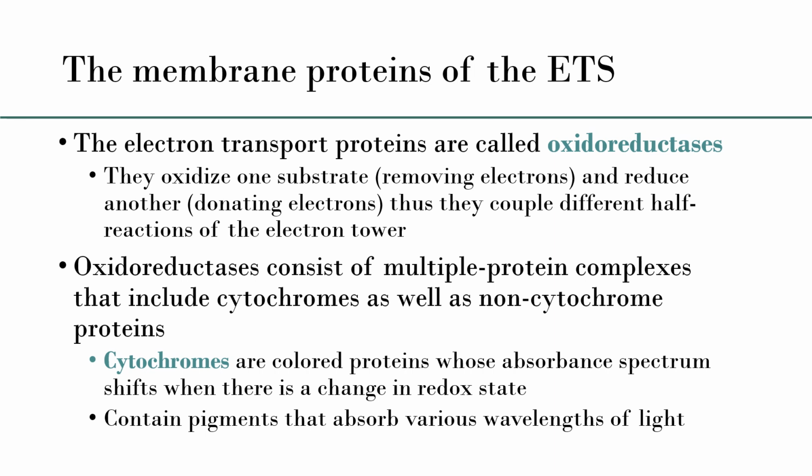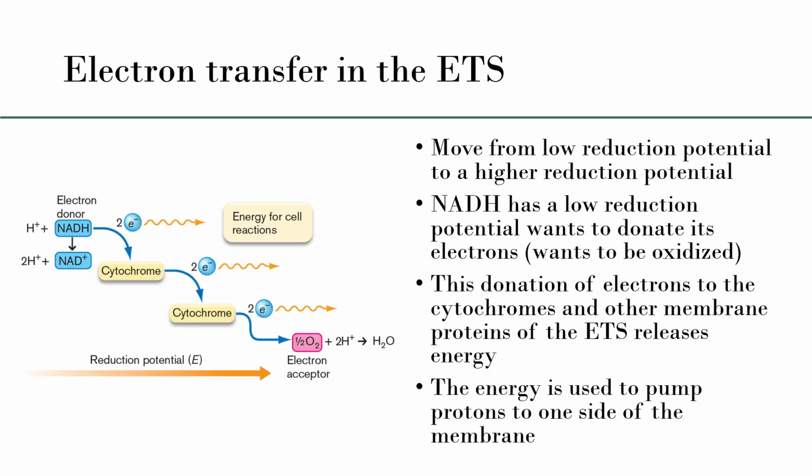But blue light is very high energy. UV, gamma, X-rays, those are all very high energy wavelengths of light. So if we want to get a lot of energy from light, we need a pigment that can absorb those higher wavelengths, those things like blue or purple light. If we don't have proteins that can absorb those, we will be taking in lower energy light.